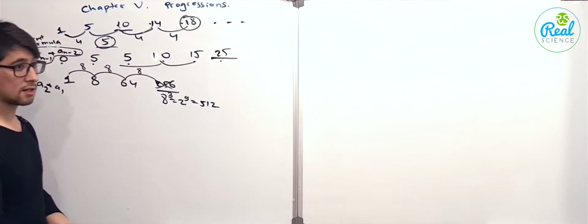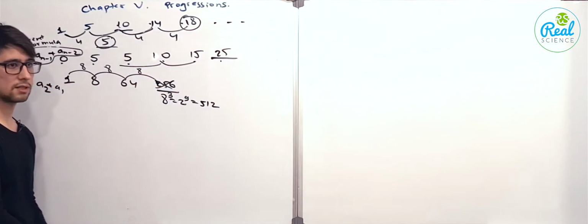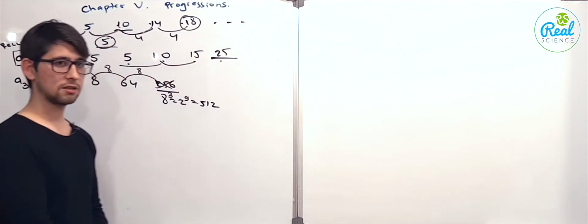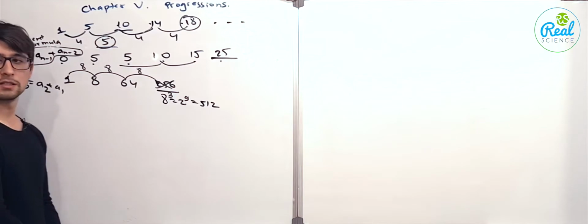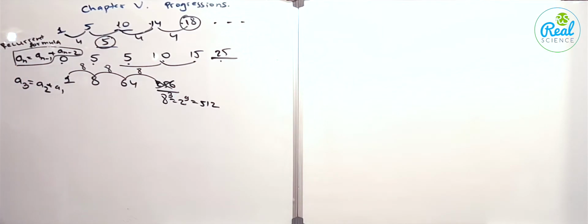If there is a sequence that is limited, maybe yes. It depends, from functions you remember, on domain and range. If your range is limited, your sequence will be limited, okay?